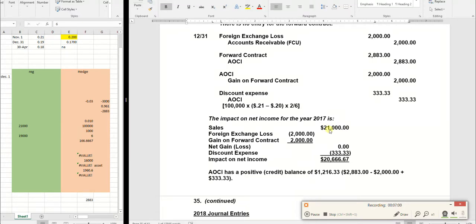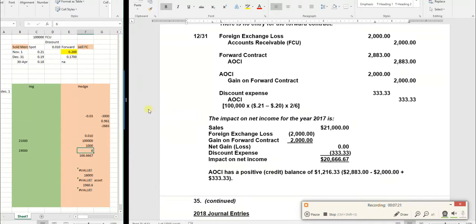But since you have to do it in your homework the way the book does it, etc. But please understand where I'm coming from, that they have left out the cost of goods sold. So notice I have an offsetting gain and loss, and my impact on net income is simply the amortization of that premium. Okay, so one more thing that I should do, I'm sorry, discount in this case.